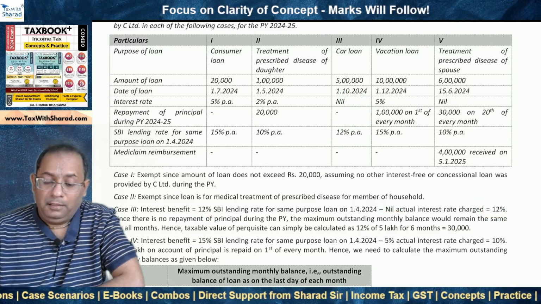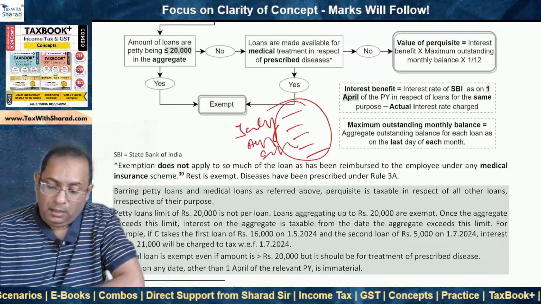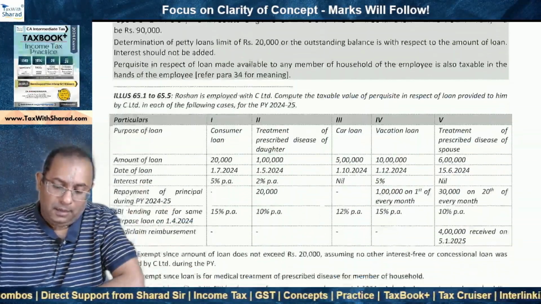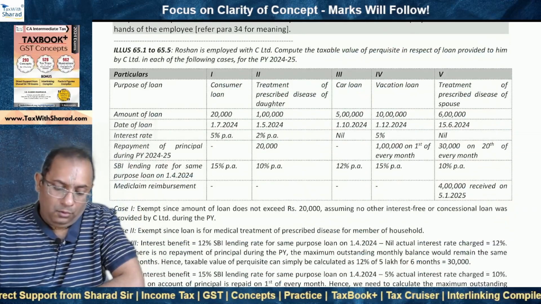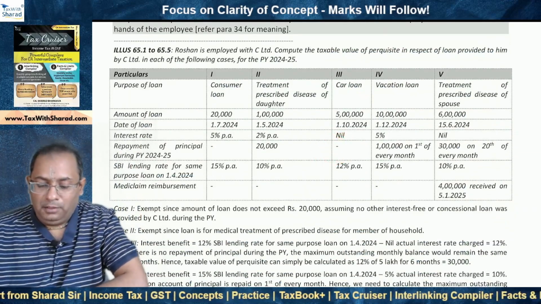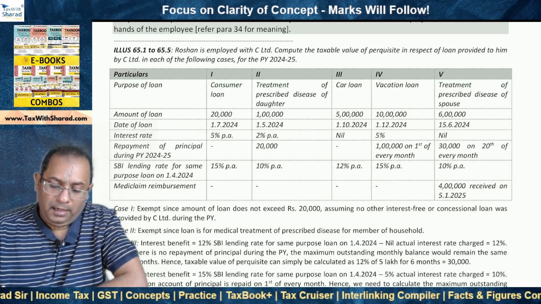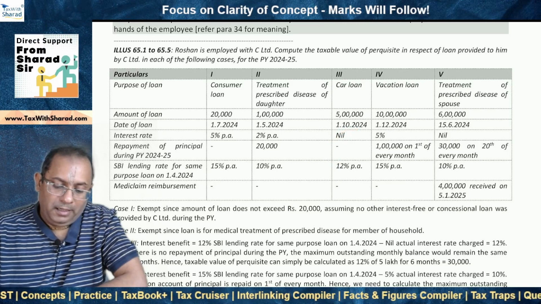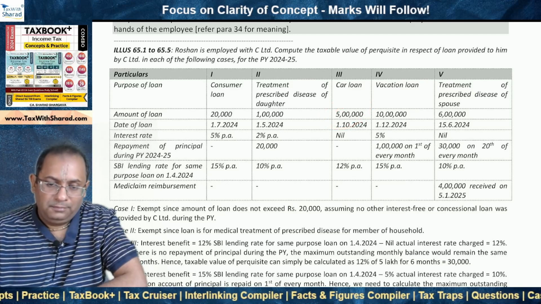Okay. And then what we need to find out? We need to find out the maximum outstanding monthly balance. And here if you note, no repayment of principal has been made during the previous year. So for all the months at the end of October, November, December, January, February, March, the outstanding balance will remain 5 lakh. It will not change.